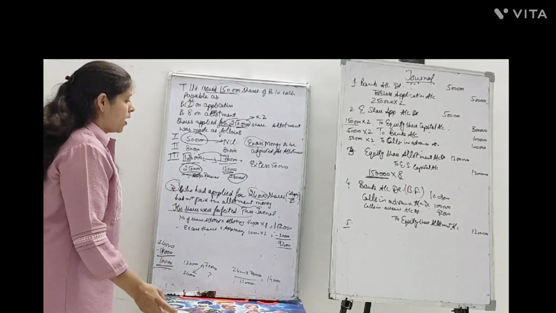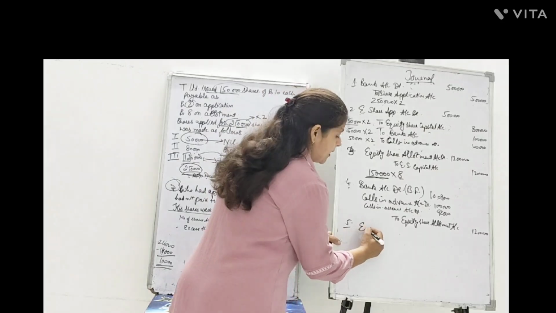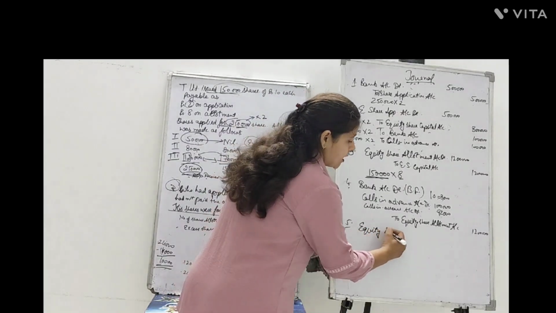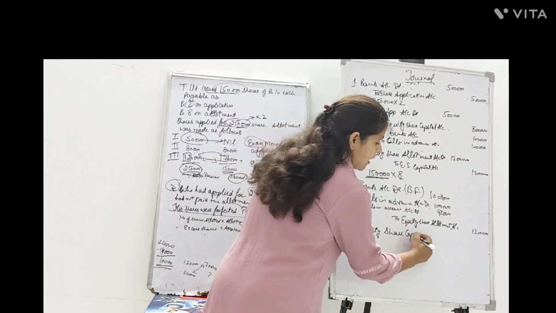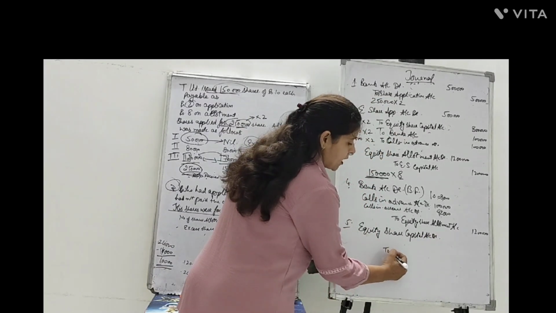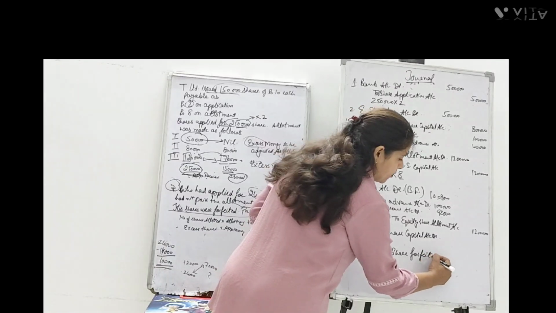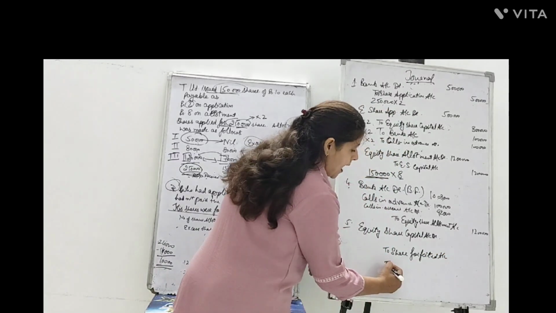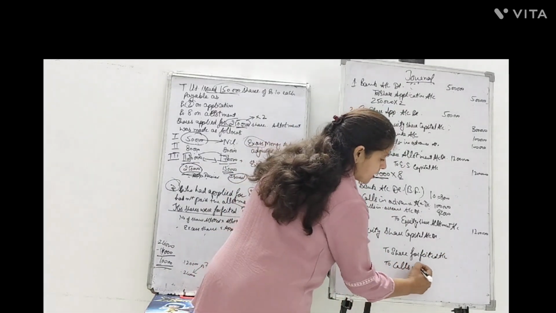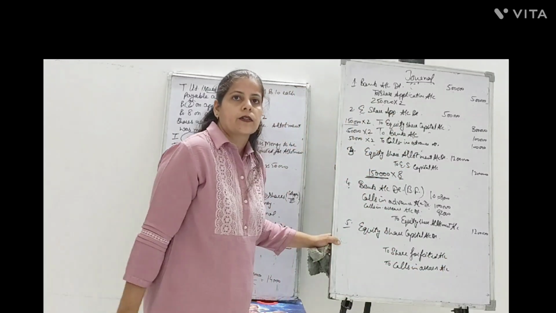Now the question says you have to forfeit his shares also. When forfeiture is to be done, which account is debited? Equity share capital account is debited because shares come back to the company. Which account is credited? Shares forfeited account is credited for the paid up value, and calls in arrears account is credited for the unpaid value on the shares.